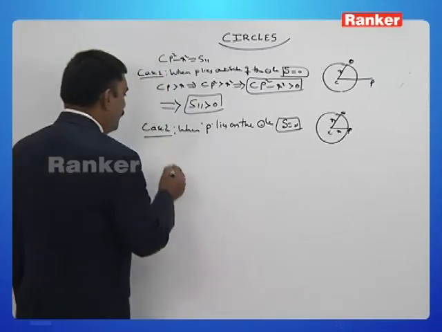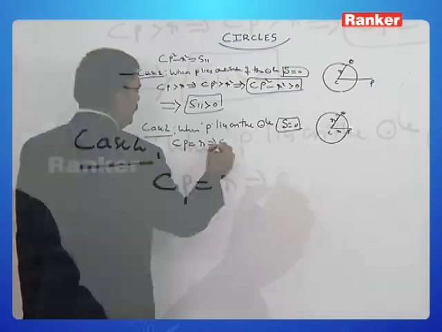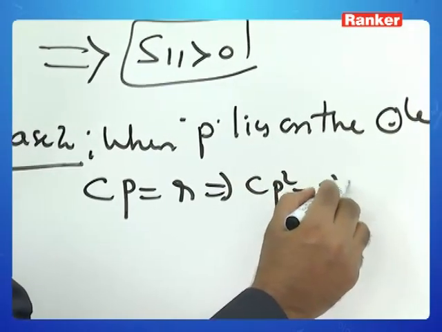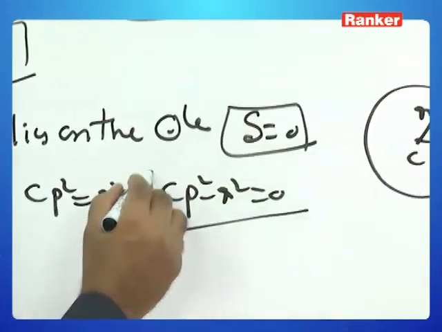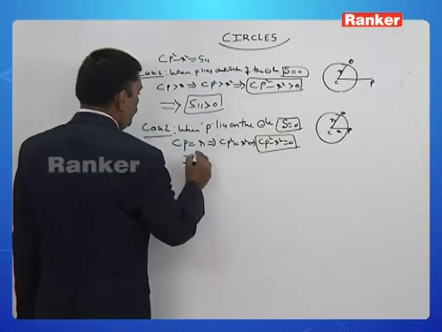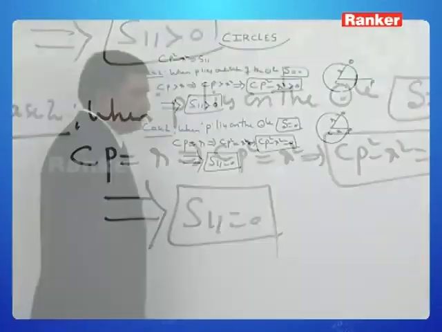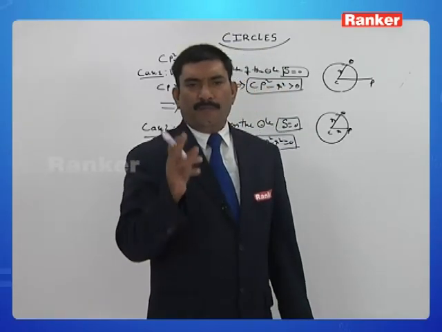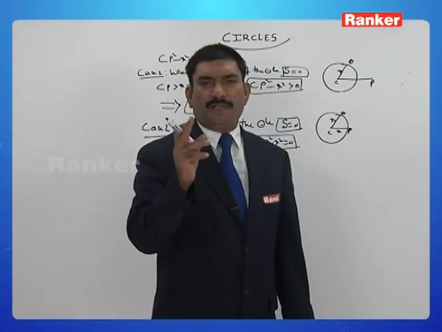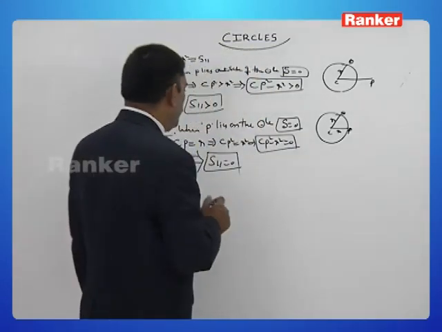Now from the figure, I can write CP is equal to R. Therefore, CP square is equal to R square. Therefore, CP square minus R square is equal to 0, which implies S11 is equal to 0. When the point lies on the circle, S11 is equal to 0.